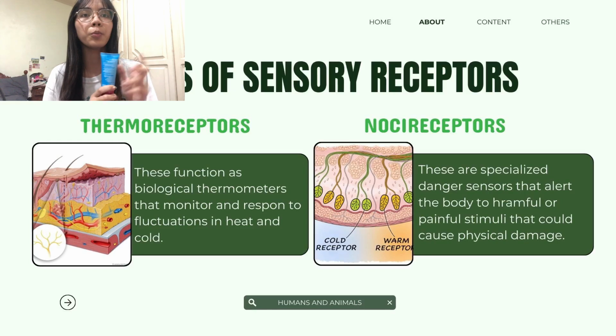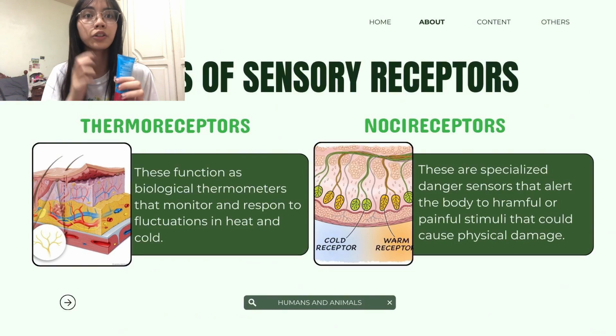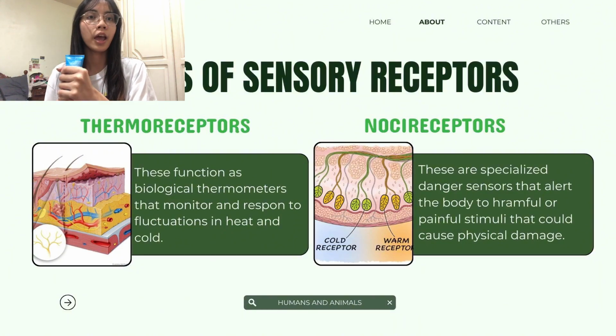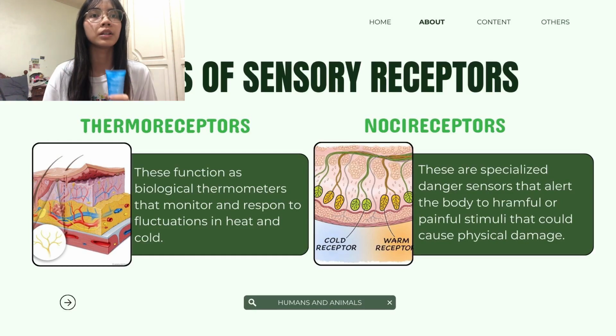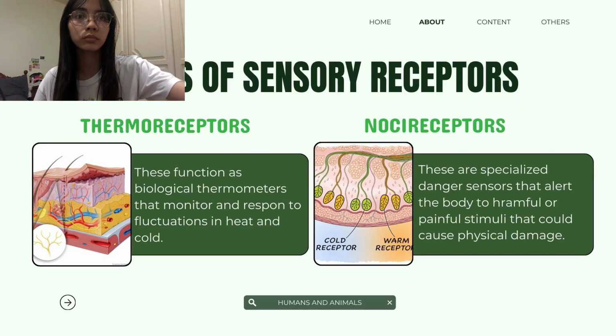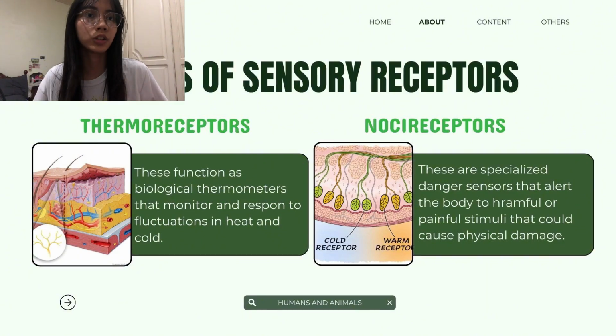When it reaches your brain, it interprets that something is hot, causing you to pull your hand away. Like for example, this is hot. When I touch it, I quickly pull my hand away because it is hot. So that's how fast the process occurs.